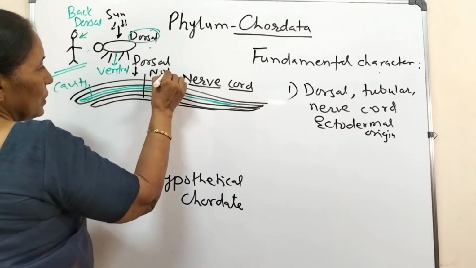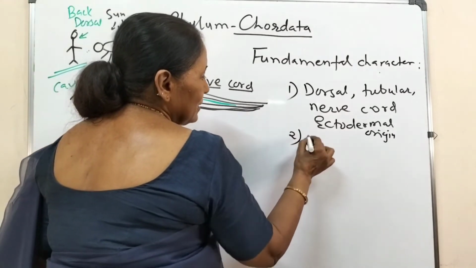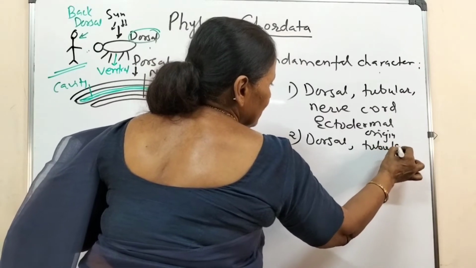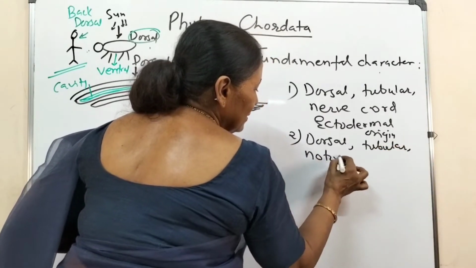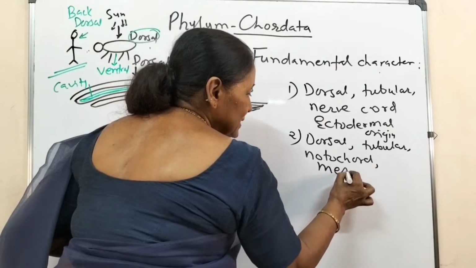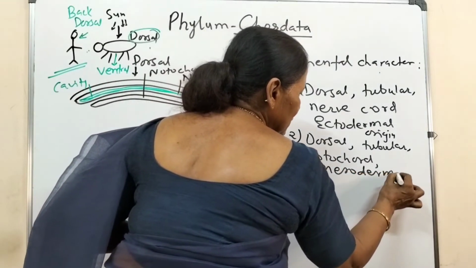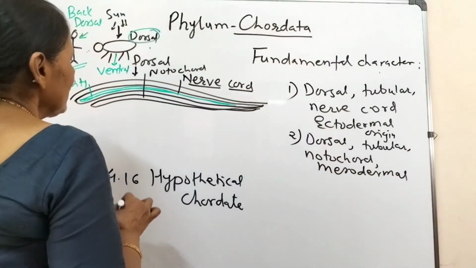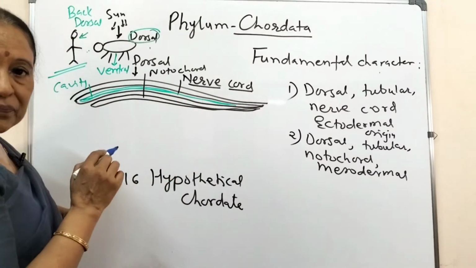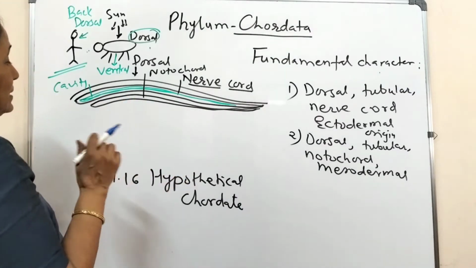So the next point is there is a dorsal tubular notochord which is of mesodermal origin. This you have studied in basis of classification. So this is mesodermal in origin. Fine. One thing is this nerve cord is going to form the CNS. The nerve cord is going to form the CNS.